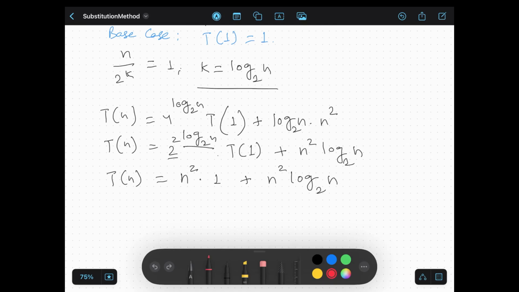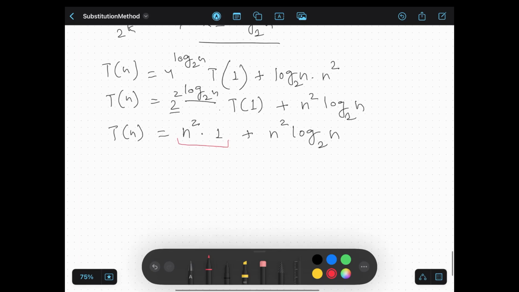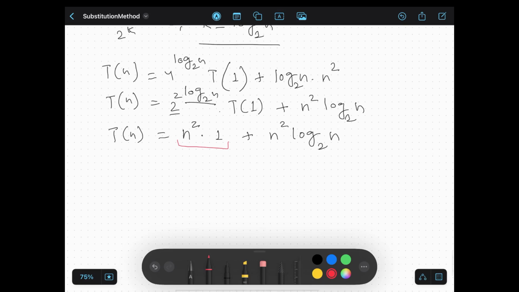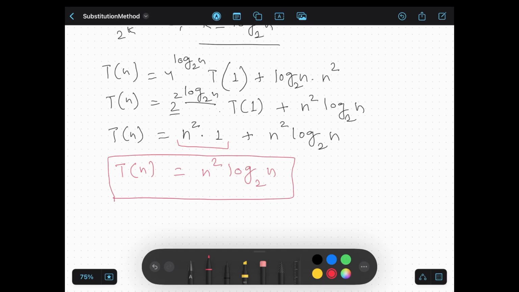And so, ignoring the lower values, we get n square log n, and this is the solution to our recurrence using the substitution method.